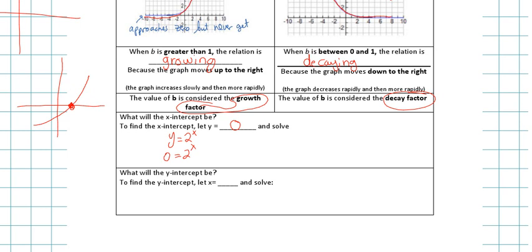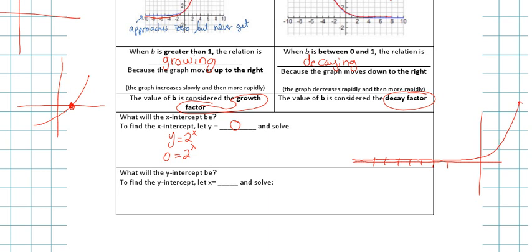Okay? So what's going to happen is this. As you go toward the negative x values, your graph is going to get close to your x axis, but it's never going to touch that x axis.